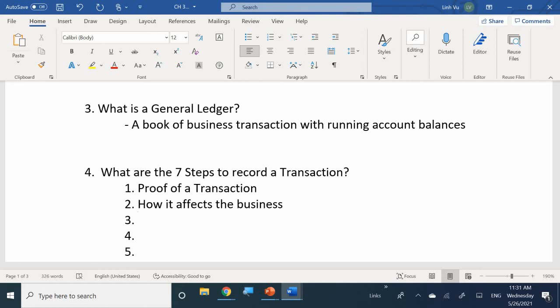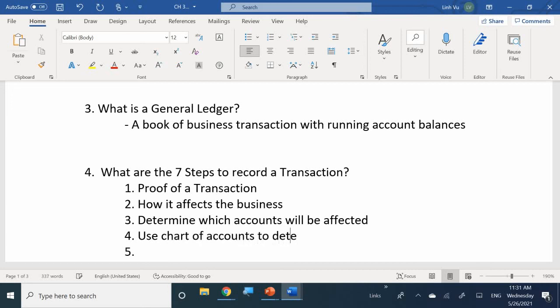Determine which accounts will be affected and how. Okay, yes. What's step 4? Use the chart of accounts to determine which accounts to use.